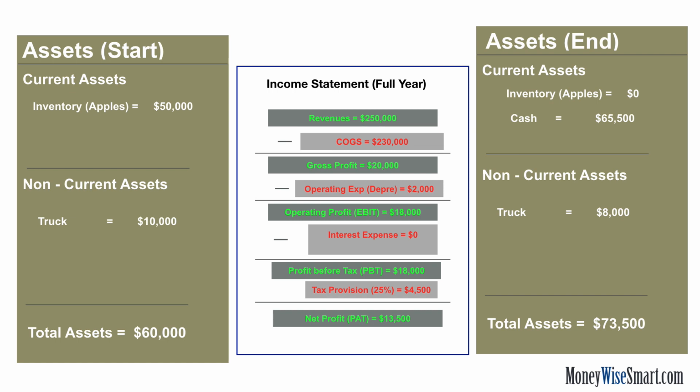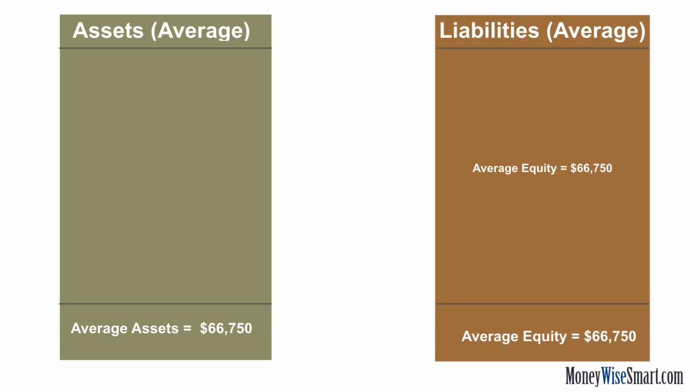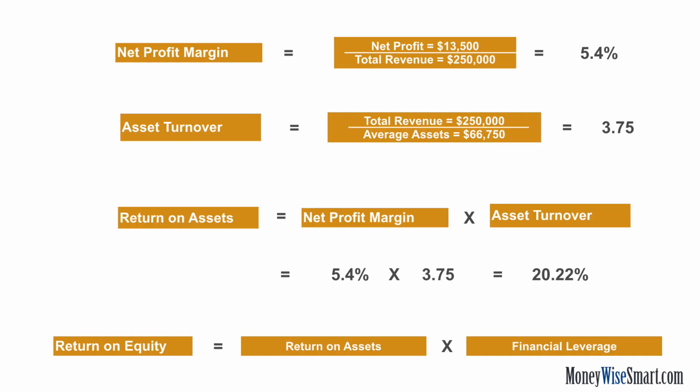So my profit before tax is $18,000. My tax provision is $4,500. My net profit is $13,500. And again, I work out the ending assets. So using this scenario, I see that my net profit margin actually has come down to just 5.4%.